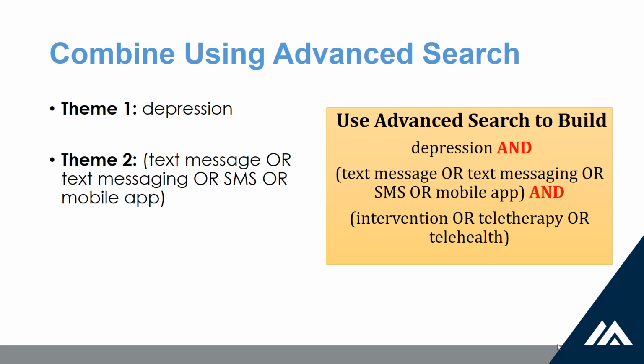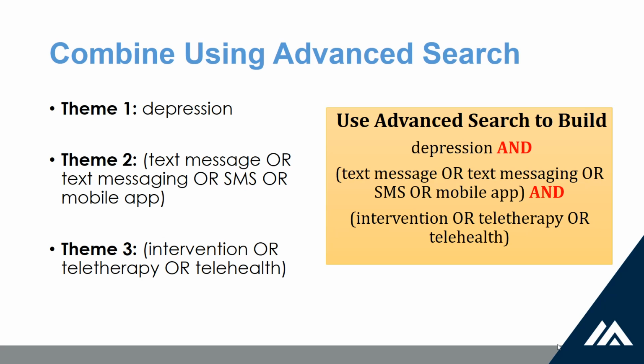So all those would be OR'd together because it could be any of them. And then for the sake of this, I just threw in intervention as another theme. So that's how we would do this. So now you've just built your search using a concept map.